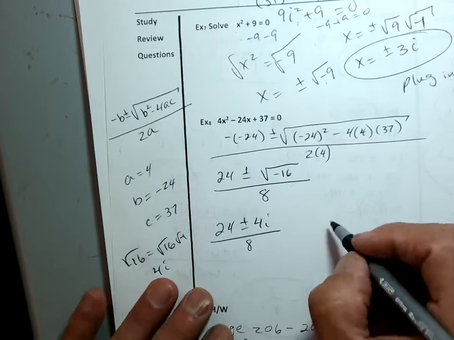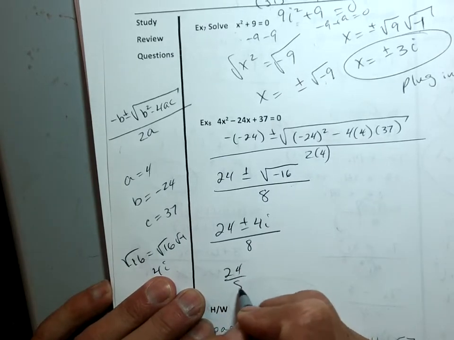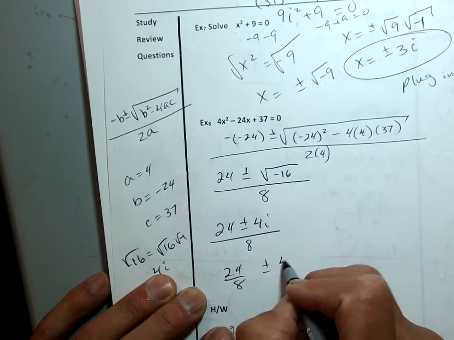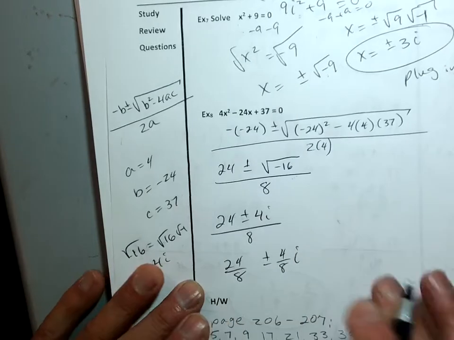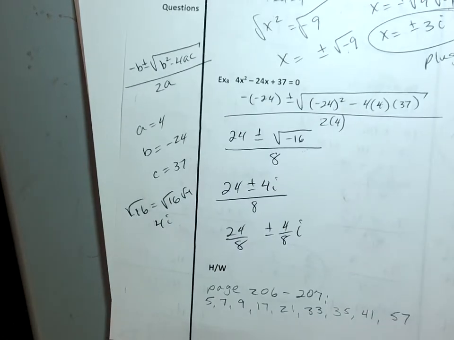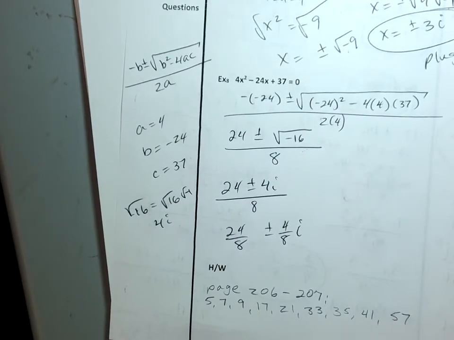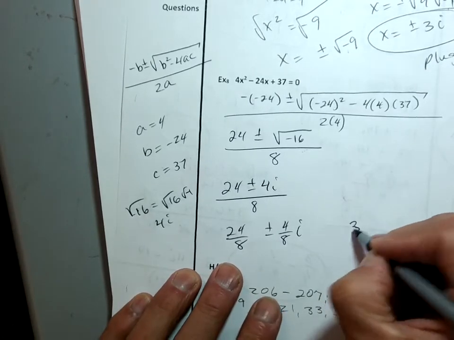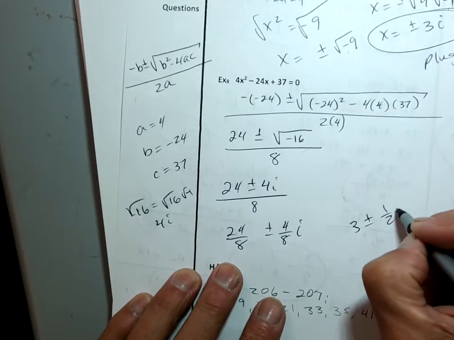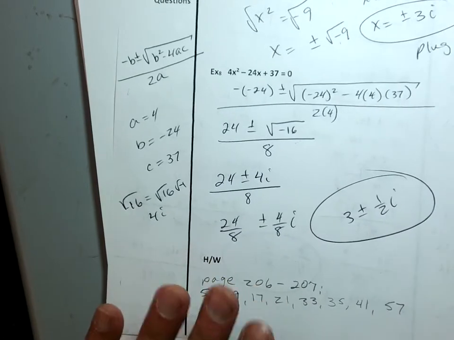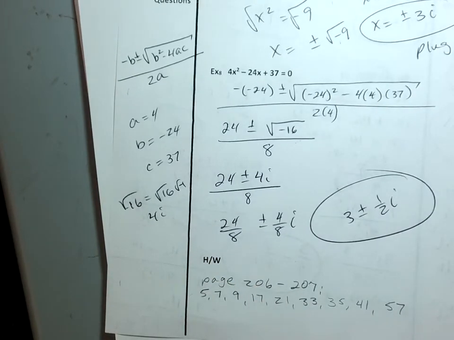So my answer is going to be 24 eighths plus or minus 4 eighths i. And let's just finish up and reduce it, right? So how about 3 plus or minus 1/2 i? And that's both solutions. Remember, two answers. One answer is 3 plus 1/2 i, and the other answer is 3 subtract 1/2 i.